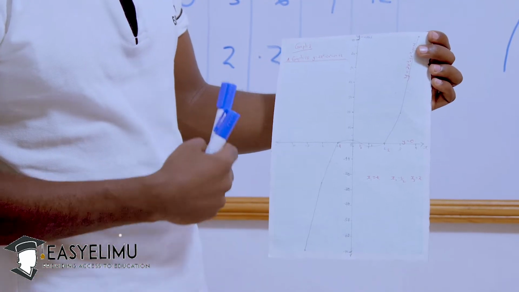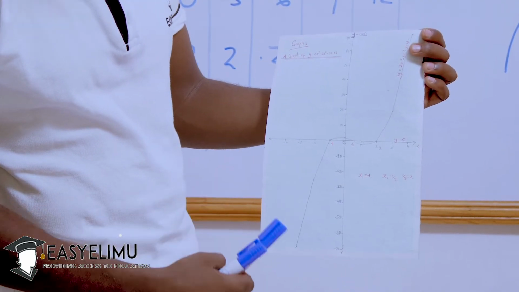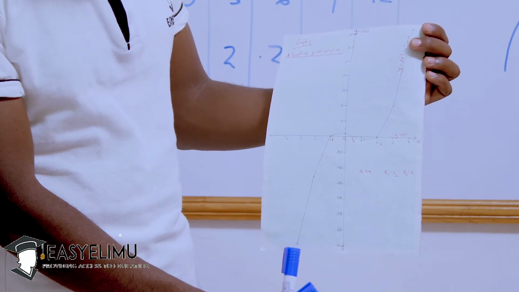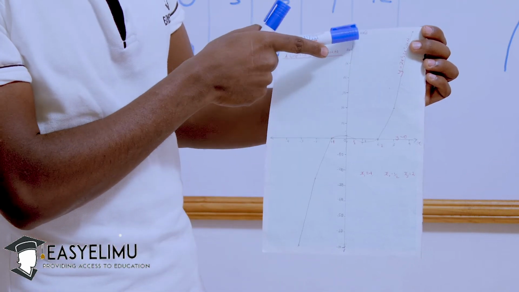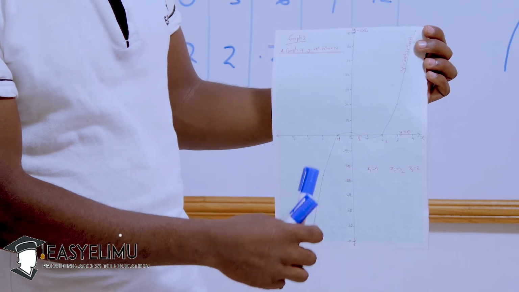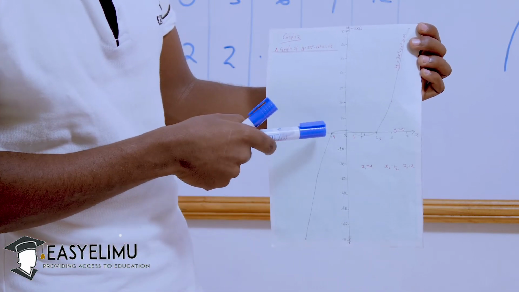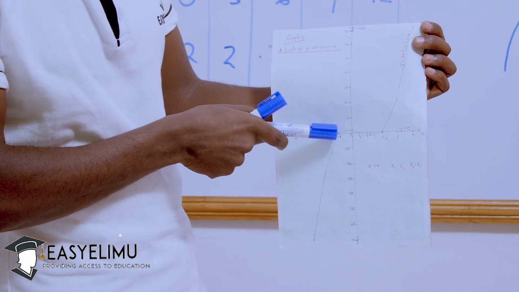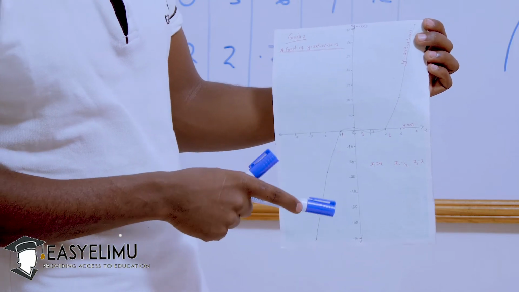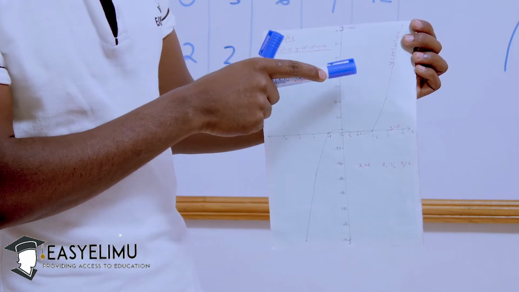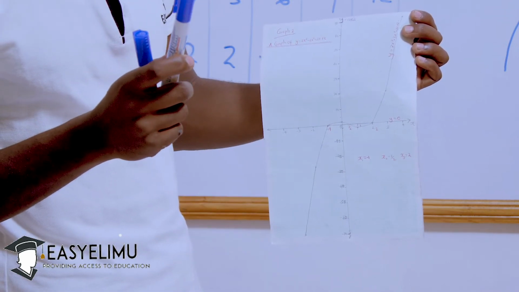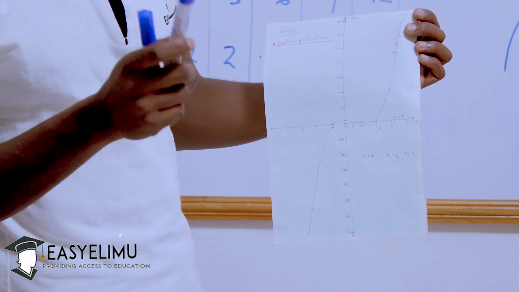From the values on the whiteboard, the graph starts from y equals negative 70 and rises up to y equals positive 70. It coils twice, cutting the x-axis thrice: at this point here, another at the other point, and another at that point. If you are asked to give the solutions of this graph, it will be the points where the curve cuts the x-axis.